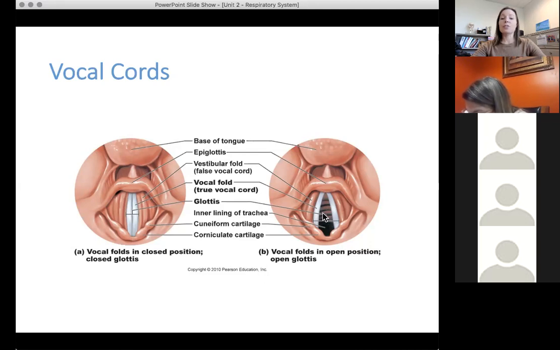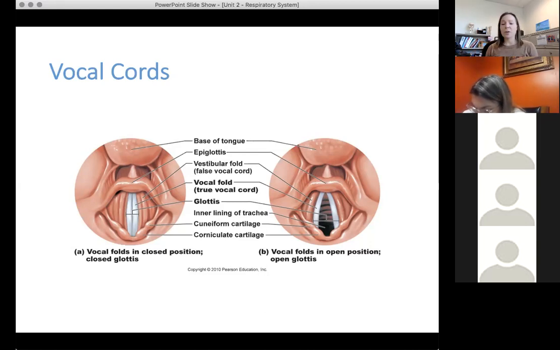So when air moves through this space in between them. Okay, that's when sound is produced, when air moves through that opening or through that space between the vocal cords.